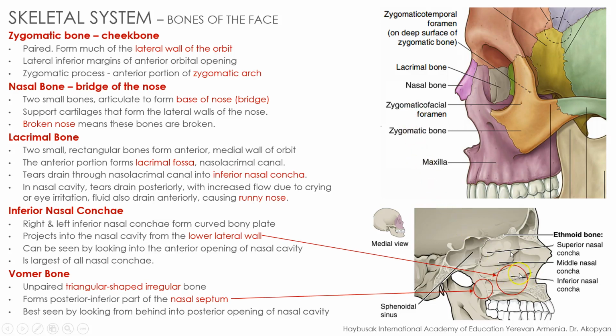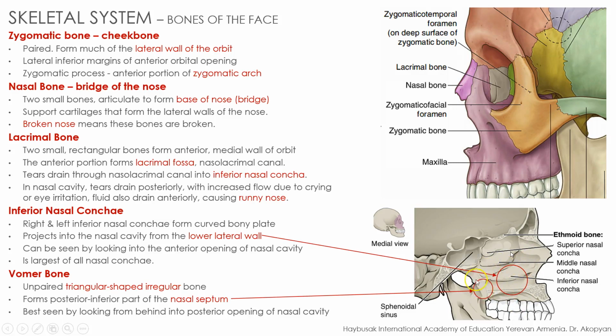The inferior nasal conchae, two independent bones, right and left, are curved bony plates that project into the nasal cavity to form the lower lateral wall. They can be seen by looking into the anterior opening of the nasal cavity, and they are the largest of all nasal conchae.